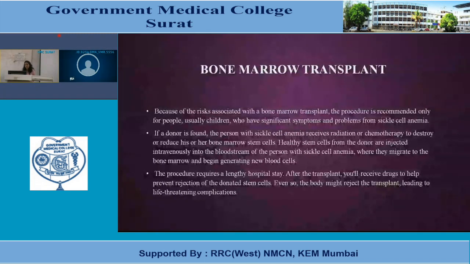Stem cells from the donor are injected intravenously into the bloodstream of the person with sickle cell anemia, travel to the bone marrow, and begin generating new blood cells. The procedure requires a lengthy hospital stay. After the transplant, you will receive drugs to help prevent rejection of the donated stem cells. Even so, the body might reject the transplant, leading to a life-threatening complication.